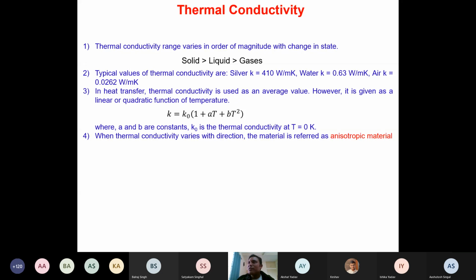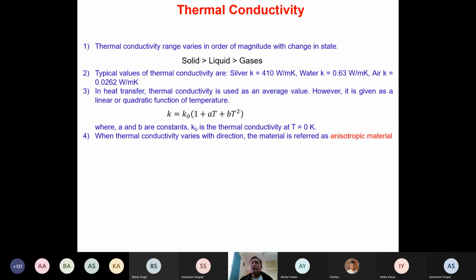For example, in solids, it will be in hundreds. For liquids, it will be around 0.1, around 1 or 2 in that range, isn't it? 0.63 is for water, that is the highest for liquid, isn't it? And for air, it is 0.0262. So this order of magnitude, remember.